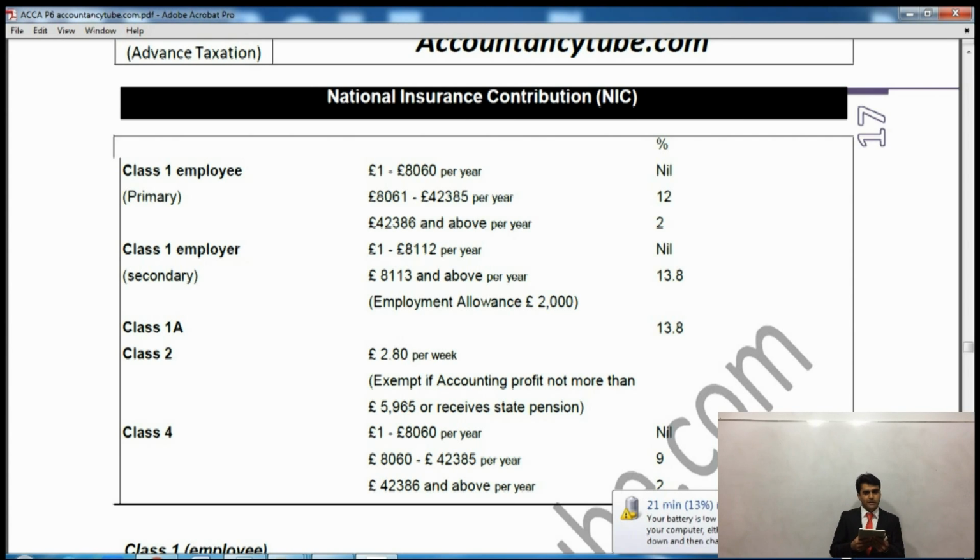From £1 to 8,060 per year, I don't have to pay anything. So if I am earning up to 8,060 per year, I will not have to pay any NI.